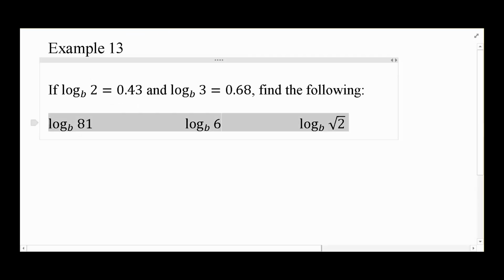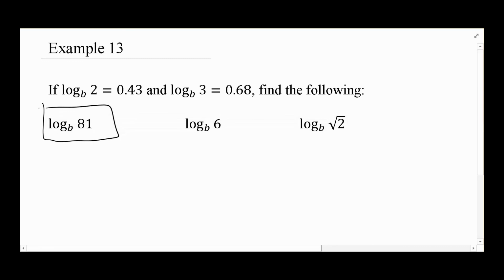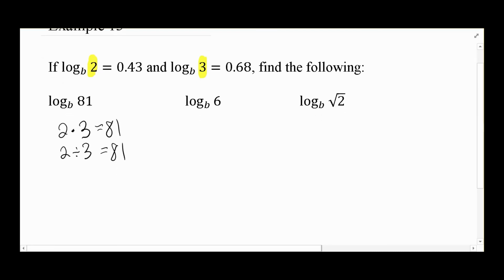So the first problem we're going to look at is log base b of 81. So we want to look at 81 and we want to look at the known arguments of 2 or 3 and say, can I multiply 2 and 3 to equal 81? Can I divide 2 divided by 3 to get 81?